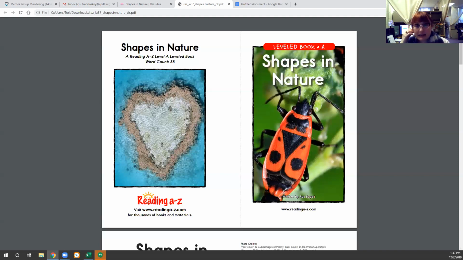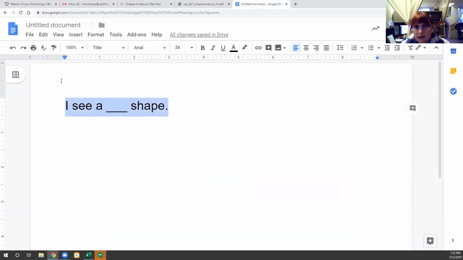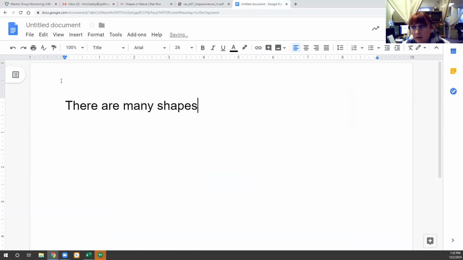Shapes in Nature. Go ahead, think about it. So I think the main idea is going to be that there are many shapes in nature.